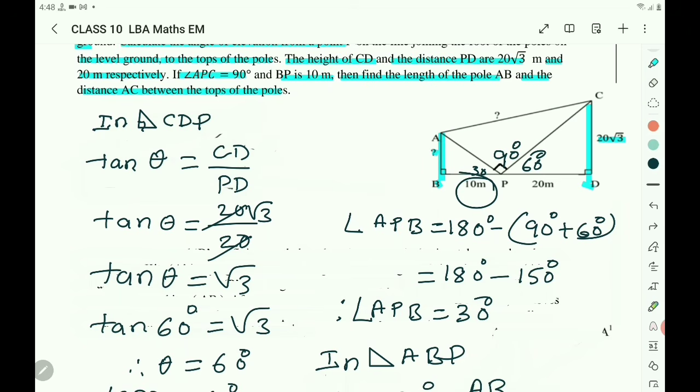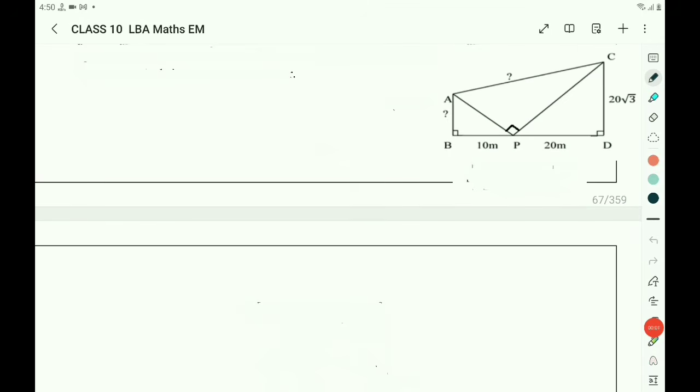Next, what we have to find out? We have to find the length of AC. To find this length, it is right angle triangle. You need AP and PC. How will you get AP? Use the trigonometric ratio for this right angle triangle. Again, to find PC, use the trigonometric ratio for this triangle. So write in the right angle triangle ABP. Then find AP by using the triangle ABP.